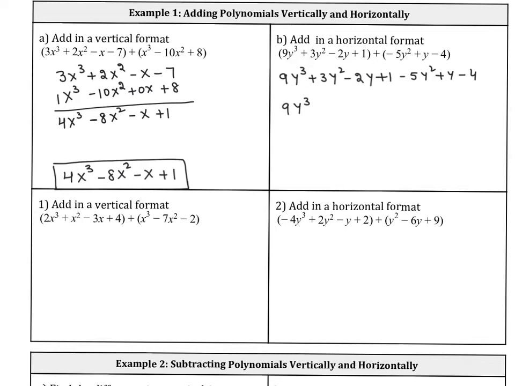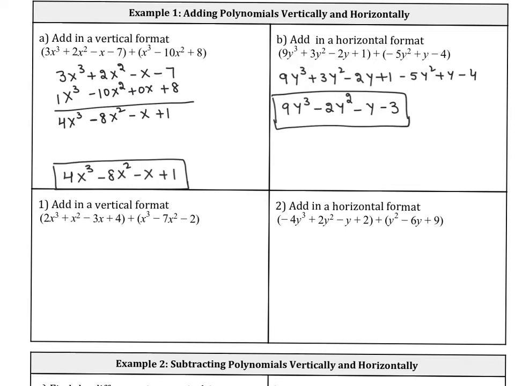For the next one, I find that the 3y squared can be combined with 5y squared, so that's going to be negative 2y squared. Negative 2y plus y is just negative y, and 1 minus 4 is negative 3. So combine the like terms horizontally and you will get your polynomial in standard form.